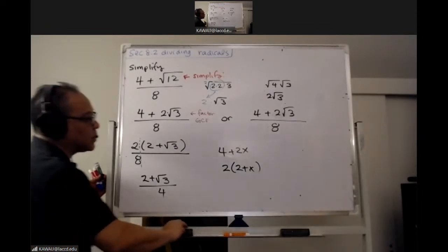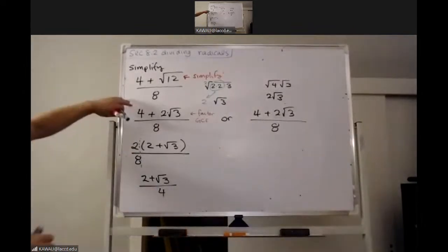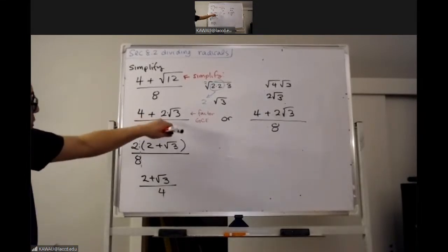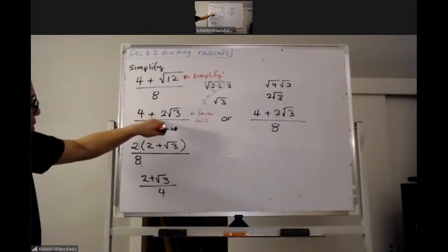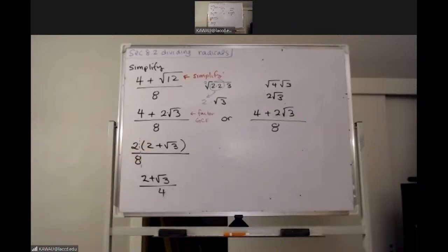My students usually like this other way better, but this sort of tells you where this concept of simplifying comes from. We cannot simplify it if there's an addition in between. We can't just cross this out and cross that out because you have addition. You have to turn it into something that's separated by multiplication.